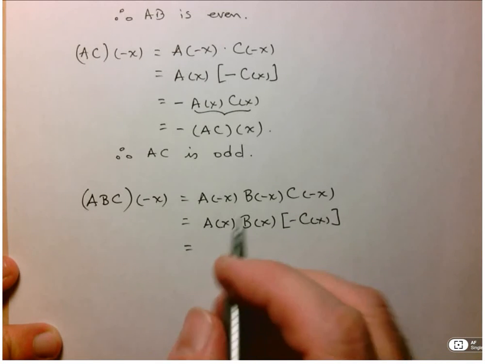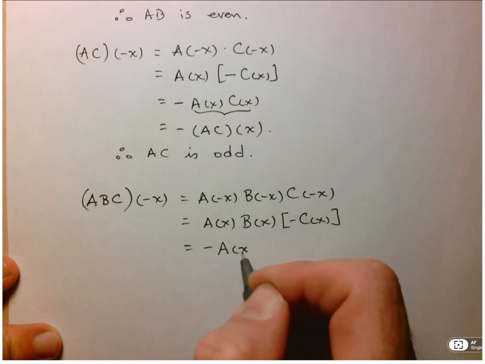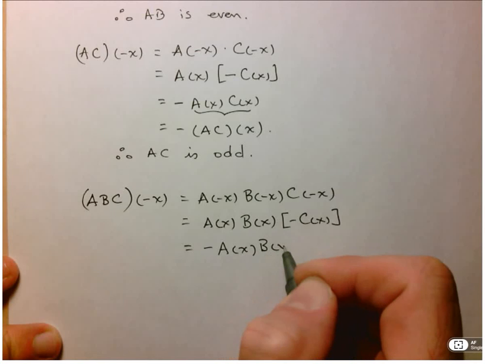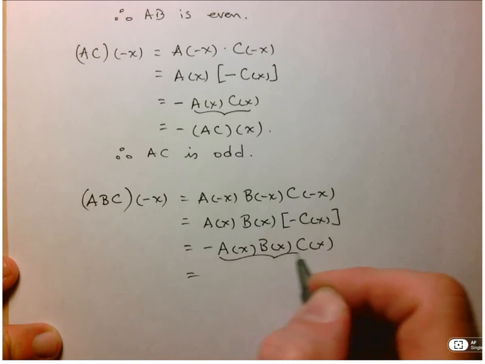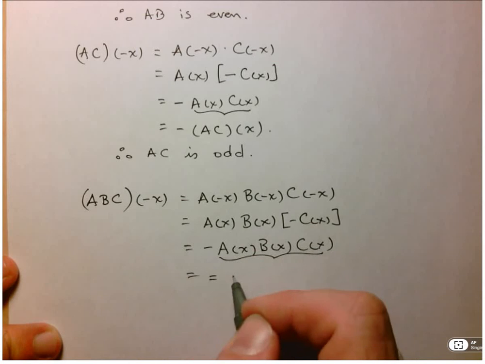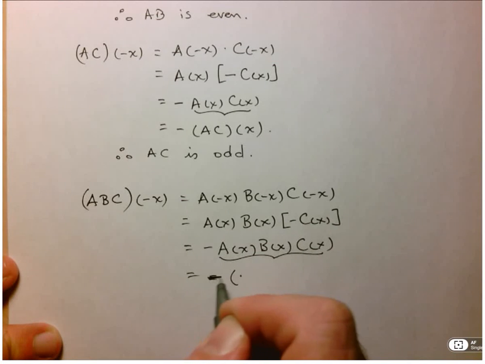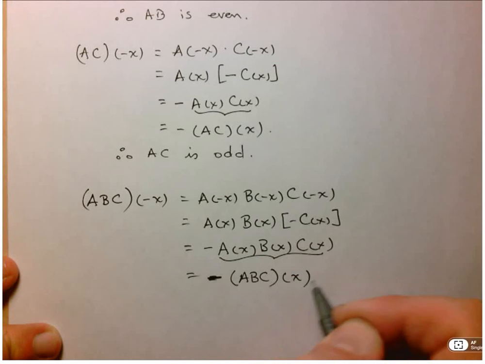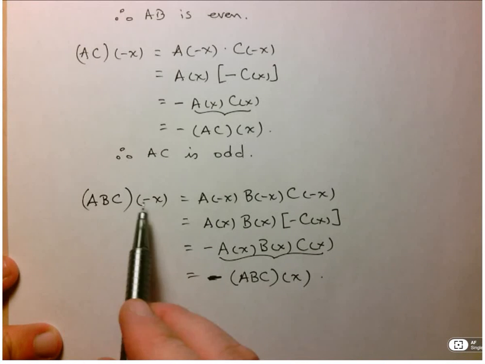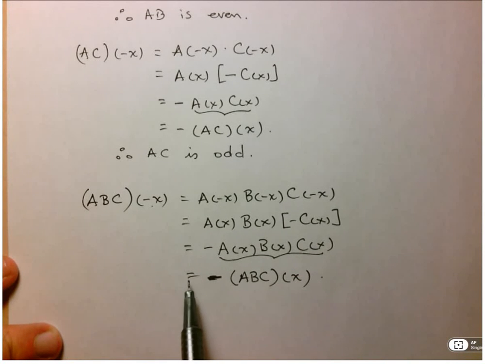And again, as I did before, just rewrite this with the negative in front. Okay, and this trio here can be rewritten as, oops, that should just be a negative A, B, C at x. So we see ABC evaluated at negative x is equal to the negative of ABC evaluated at x. Therefore, ABC is an odd function.